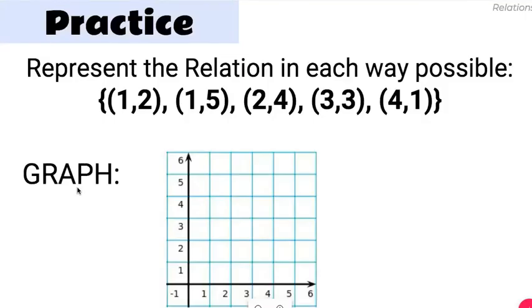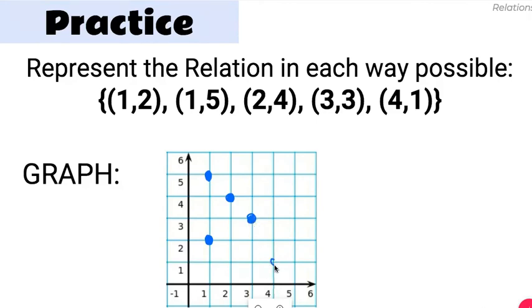Let's look at it as a graph. You're just going to go through each ordered pair and plot the points. You can pause and try on your own. While you're back, you're either checking yourself or you're plotting these with me. 2, 4. 3, 3.